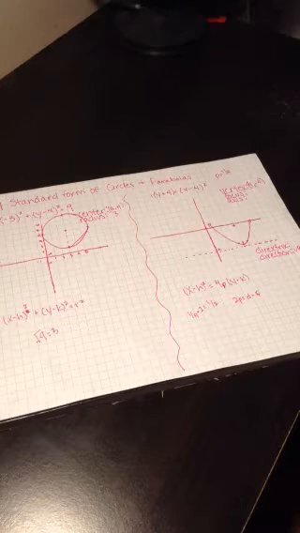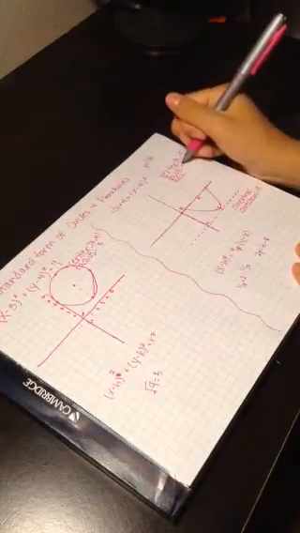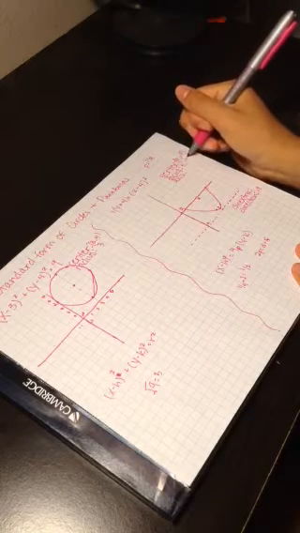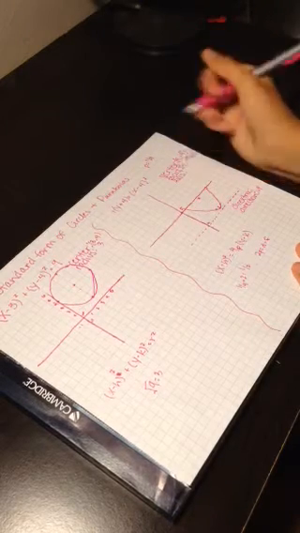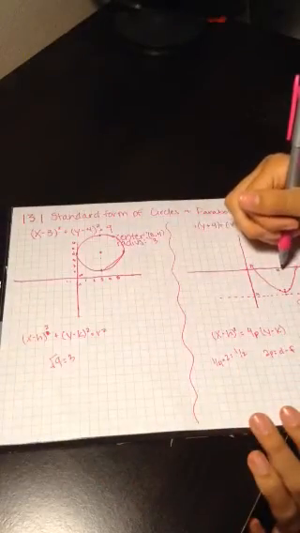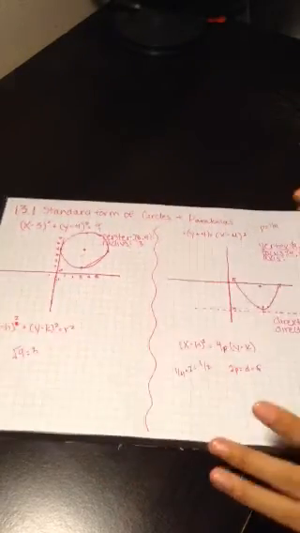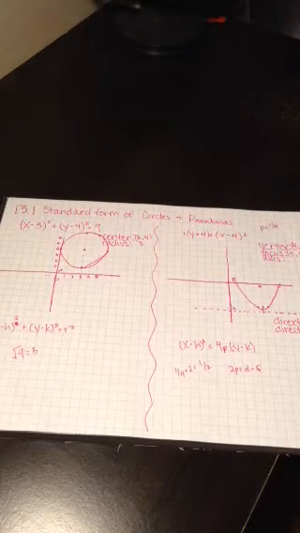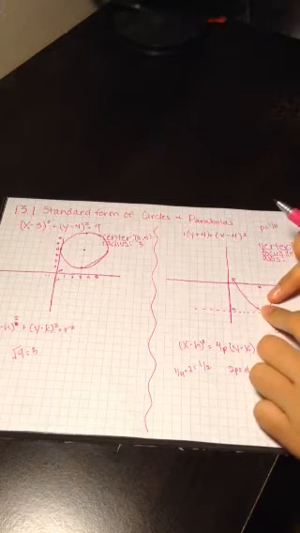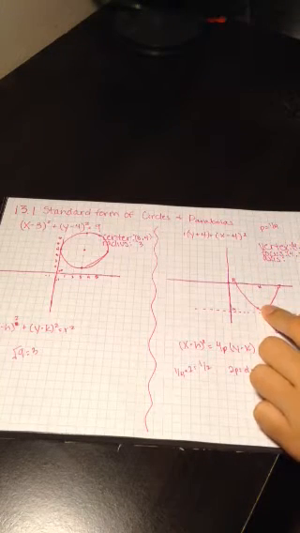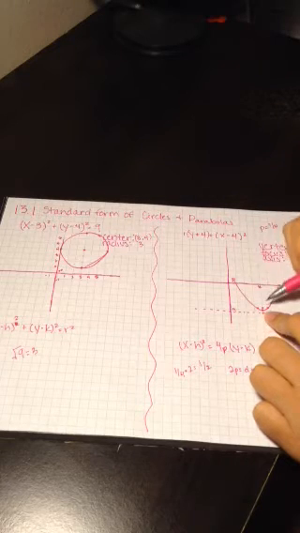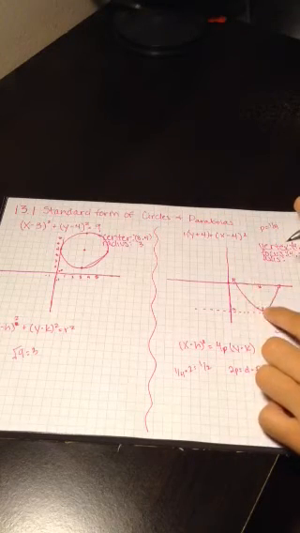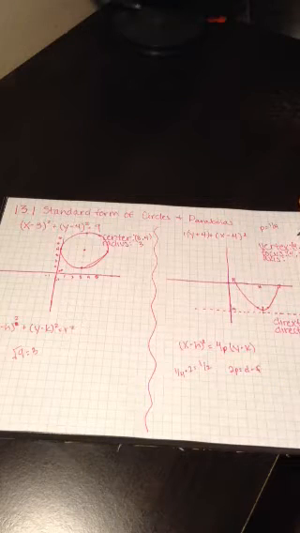Your focus is at 4 and -15/4, and I'll show you how to find that. You want to put this in mixed numbers because it's the easiest way to write it down. Whenever I go up on the y-axis from negatives, our number gets closer to 0.